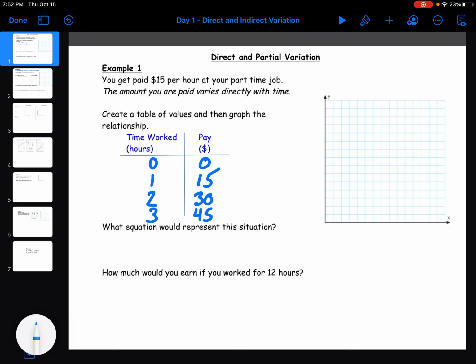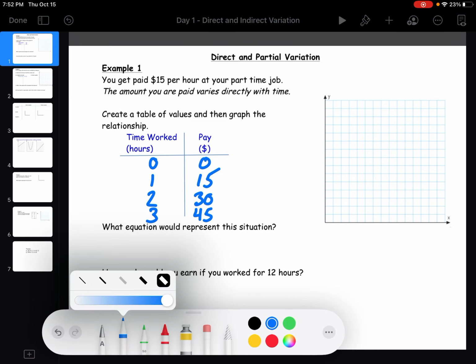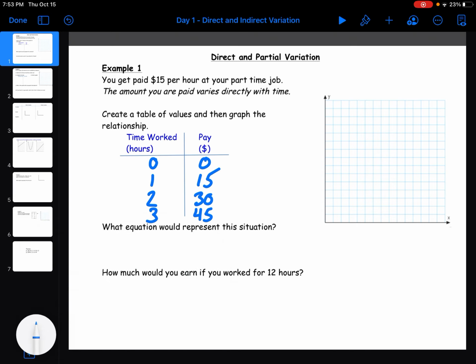If I were to look at this graph and we made every box $5, we'd have 0, and then let's make the bottom here our time. So we've got 1, 2, 3, and this is in hours. Let's fix that.